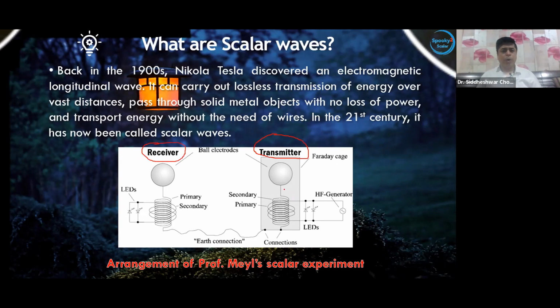What does the transmitter have? It has a high frequency generator, plus primary and secondary coils, a metallic ball electrode, and a Faraday's cage. The Faraday's cage is just to trap the electromagnetic radiation and ground it.